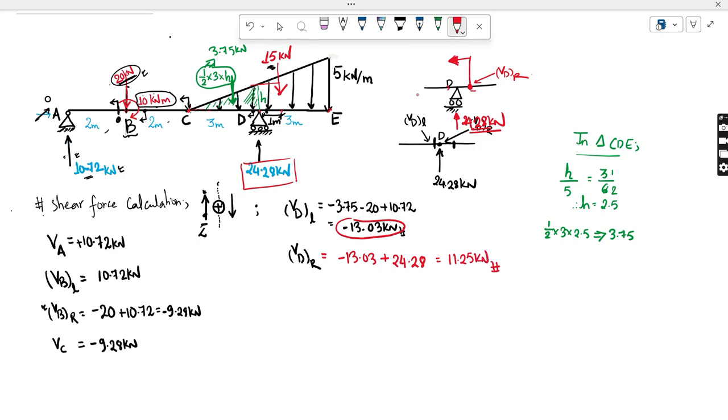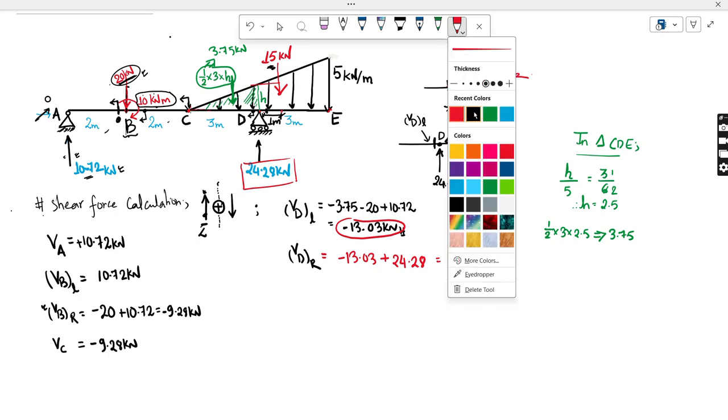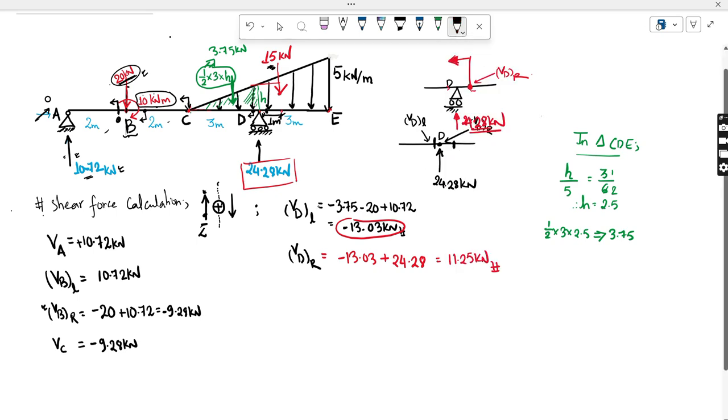And now for the E portion. Let's see what the VE is. How much shear force will be acting at this point? Just imagine you are at point E looking towards the left. What you see has to come out as 0.